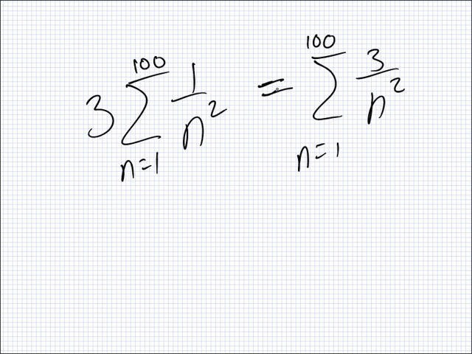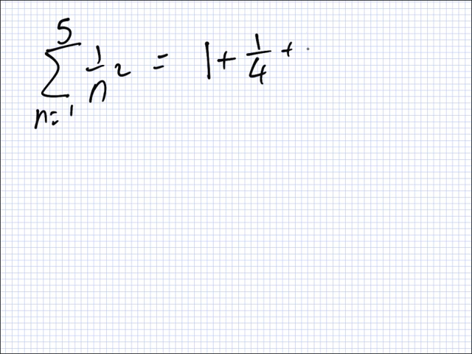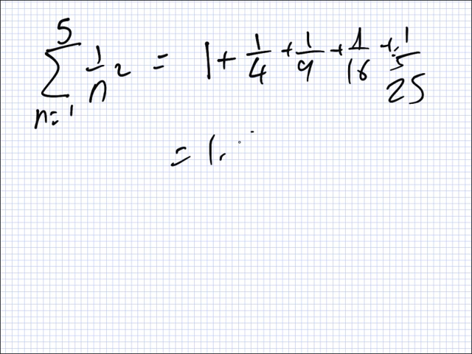In the exam, they would want you to do something like this. If you had an exam question, like 1 over n squared, n is 1 to 5, they want to see you write down 1 plus 1 over 2 squared, 1 over 9, 1 over 16, 1 over 25, equals 1.6 or whatever.